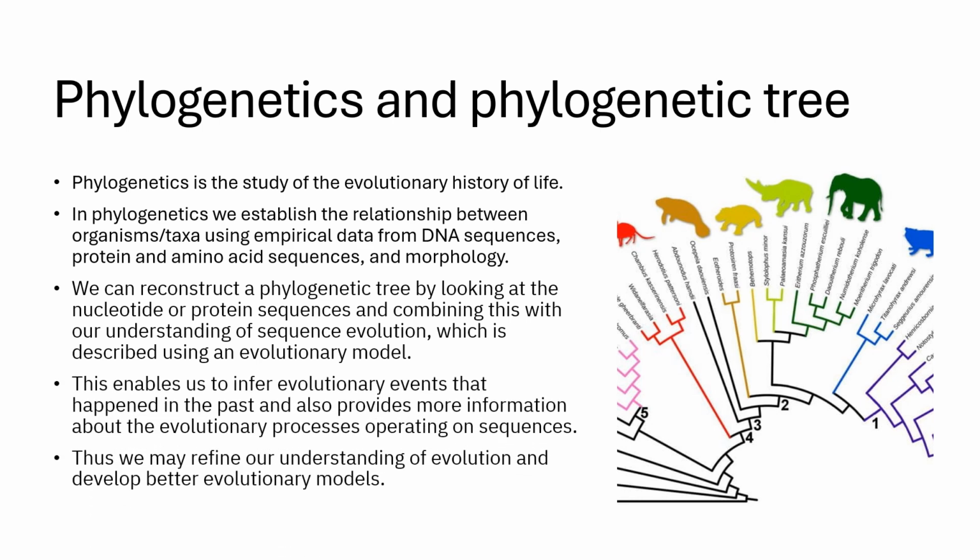This enables us to infer evolutionary events that happened in the past and also provides more information about the evolutionary process operating on sequences. Thus, we may refine our understanding of evolution and develop better evolutionary models.